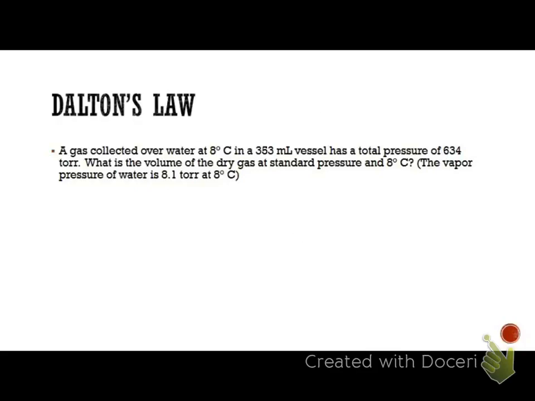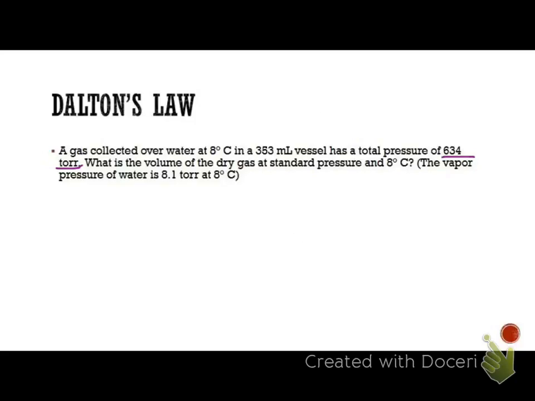This one says a gas collected over water at 8 degrees Celsius in a 350 milliliter vessel has a total pressure of 634 torr. Then it wants to know what is the volume of the dry gas at standard pressure and 8 degrees Celsius.